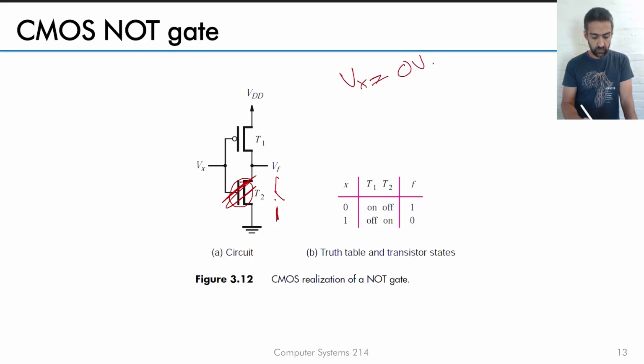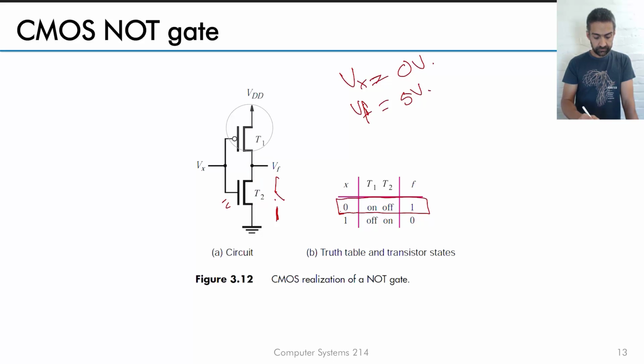This pMOS will be conducting, so that's short-circuited. Because this is short-circuiting and this is open circuit, it means Vf will be equal to VDD. So because Vx is equal to 0 volts, Vf is equal to 5 volts, which is this condition here.